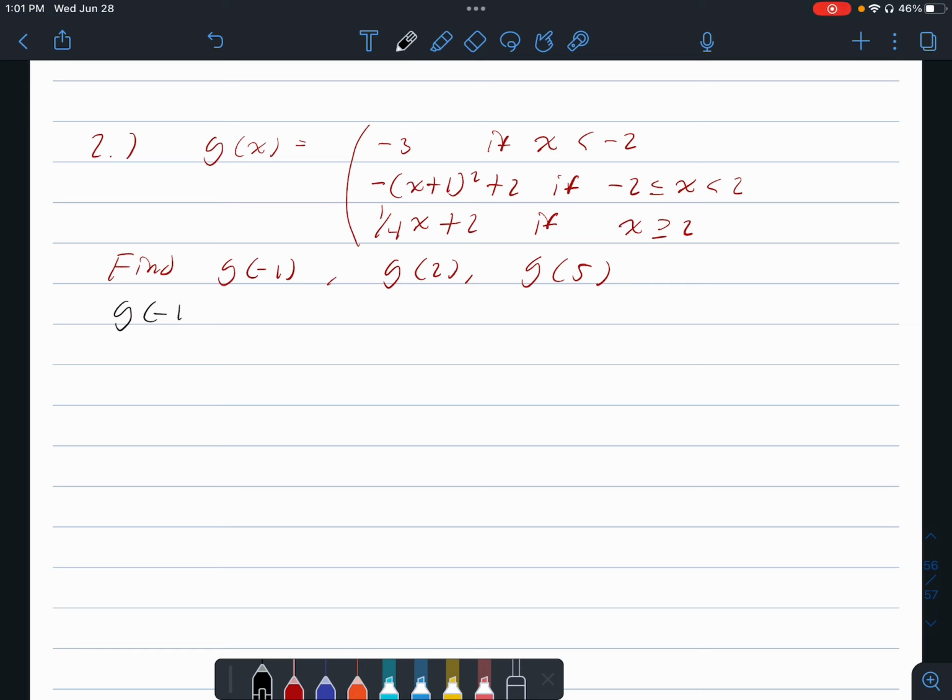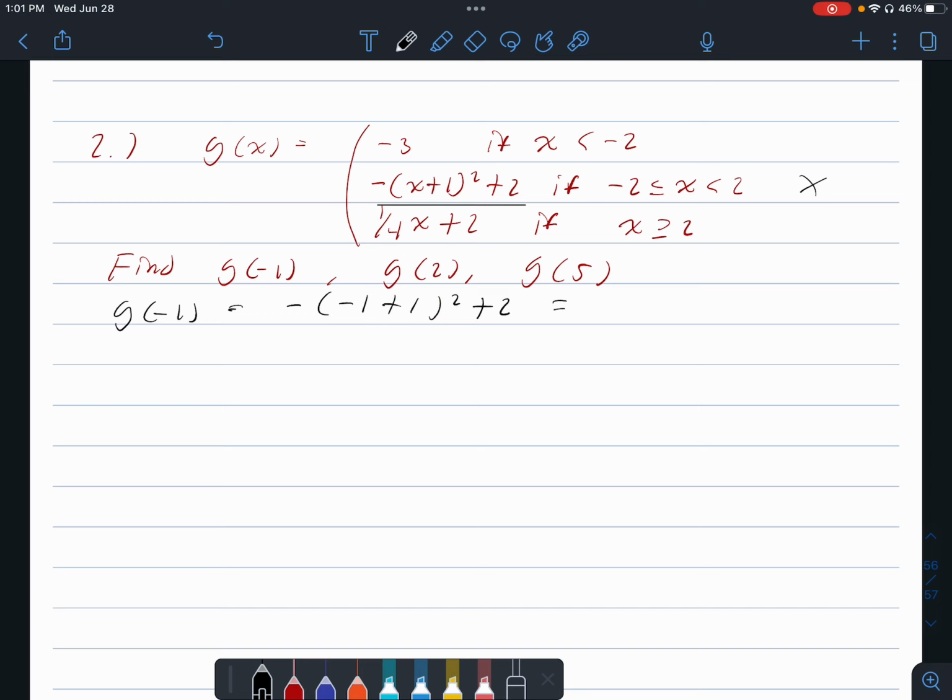So g of -1. It's not less than -2, but it is in the interval from -2 to 2. So -1 does fall here, and this is the expression we're going to be looking at. So g of -1 means we evaluate -1 using this expression, so we have negative -1 plus 1 squared plus 2.